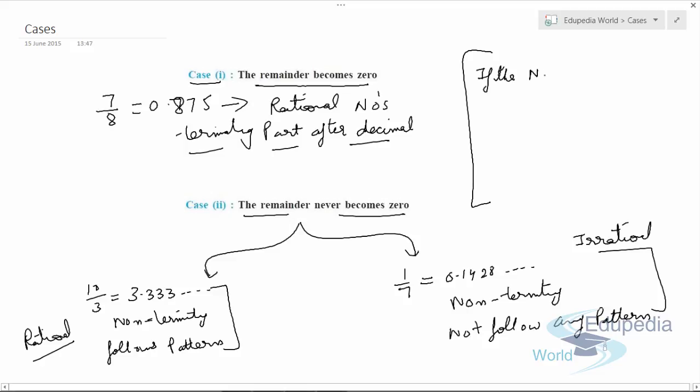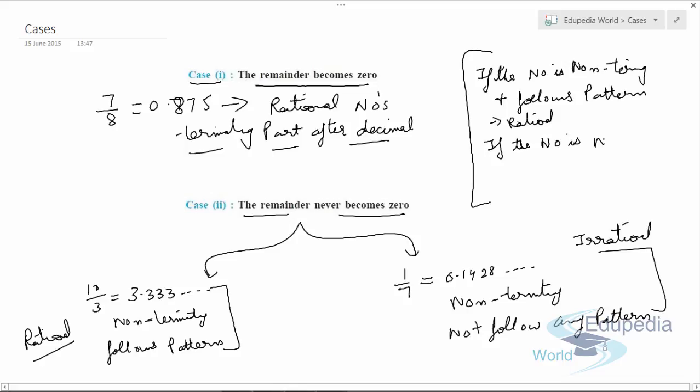If the number is non-terminating and follows a pattern, it is a rational number. And if the number is non-terminating and follows no pattern, then it is an irrational number.